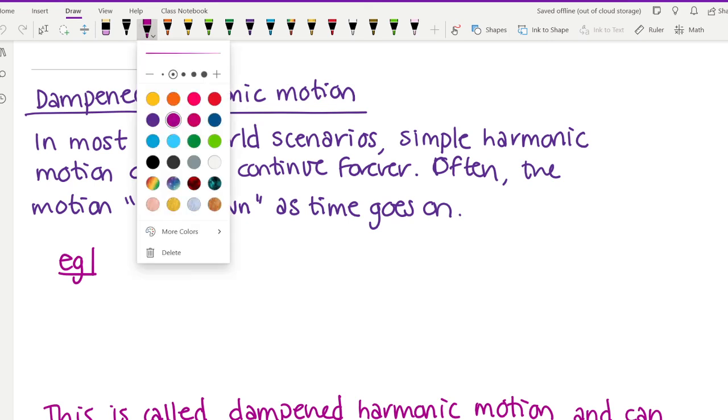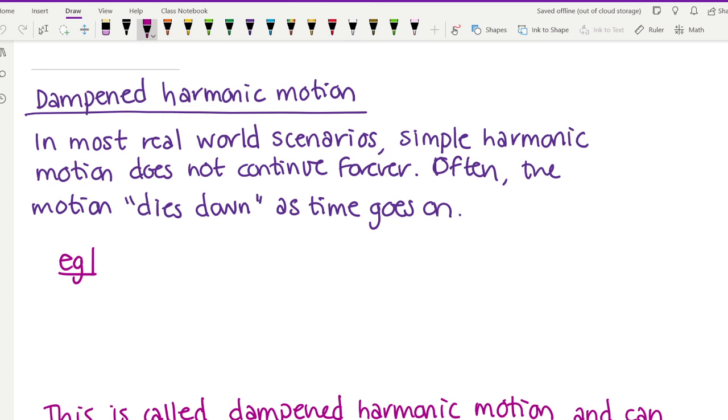One example might be a note getting quieter and quieter as time goes on. For example, if you pluck a guitar string, it's going to be vibrating and producing these sound waves, but it's not going to keep vibrating the same forever, right? It's eventually going to vibrate less and less, and you'll hear this tone die out.